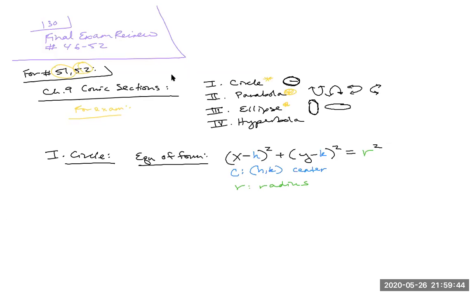Let's draw a little circle here. I'll try to make that as rounded as possible. Right in the middle will be your center, and then from that center to any point on the outside of the circle, you're going to have your radius r.